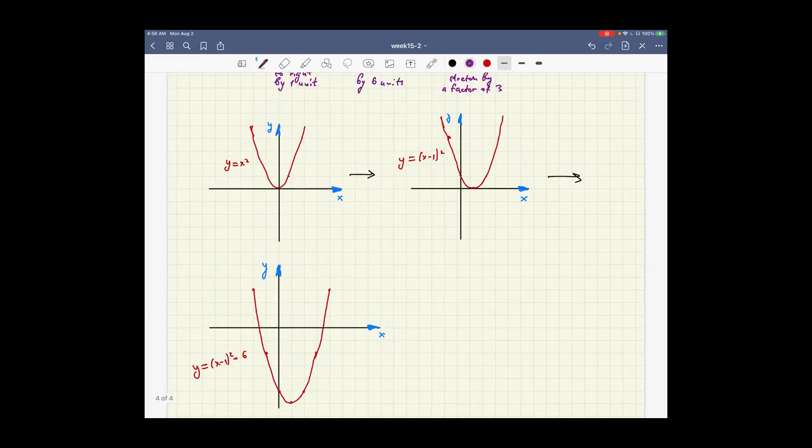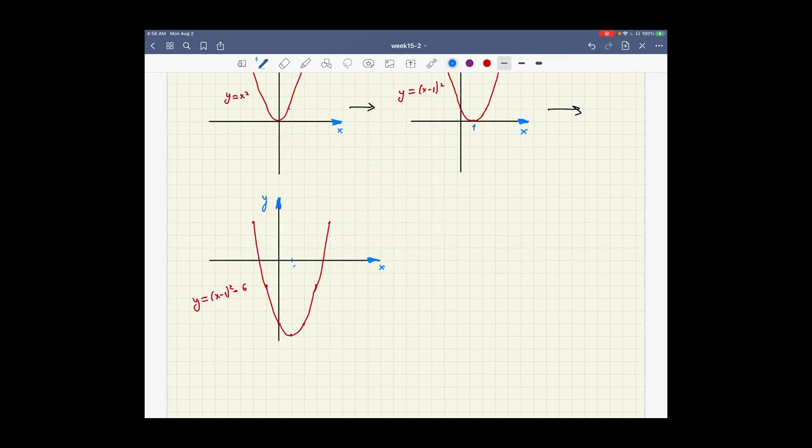Right, so now the vertex of the parabola will be at the point 1, negative 18.